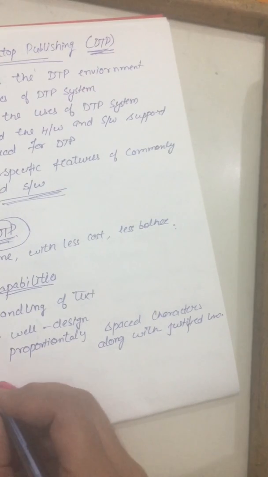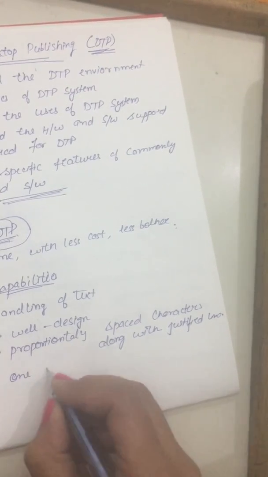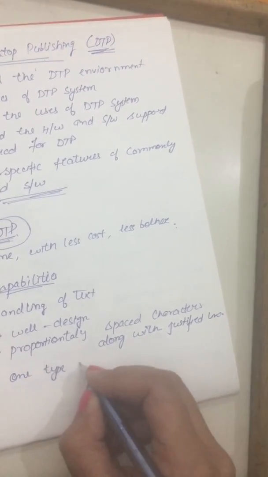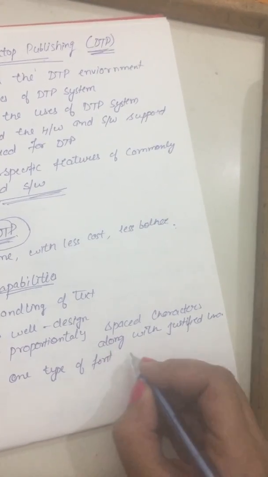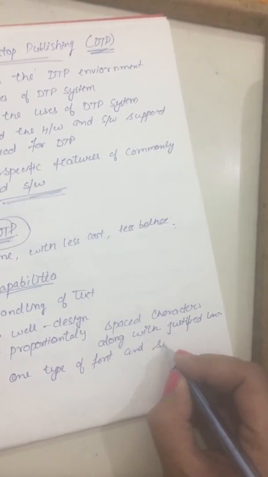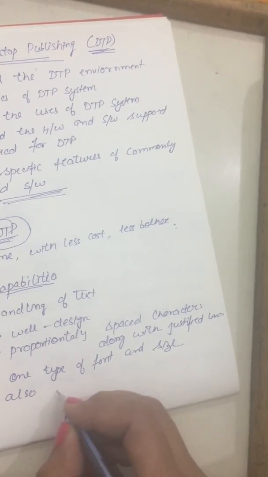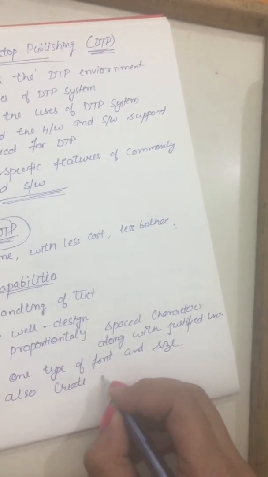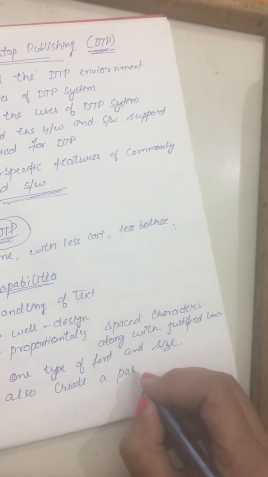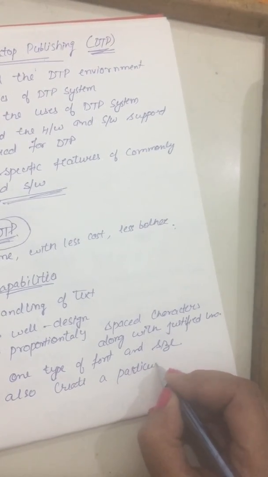Justified lines. And also one type of font can be used. One type of font and size is used for this, and it also creates a particular style. What do you mean by style?